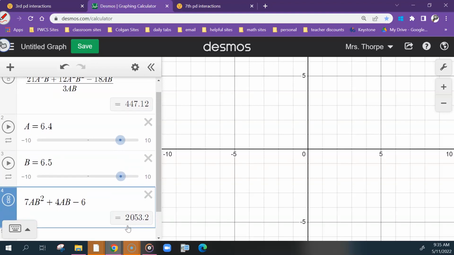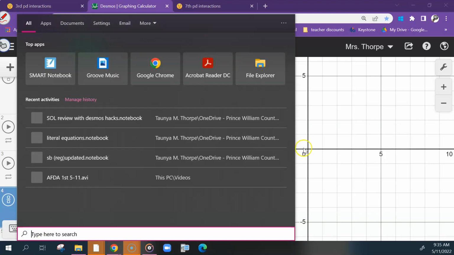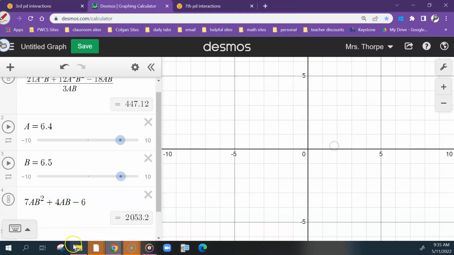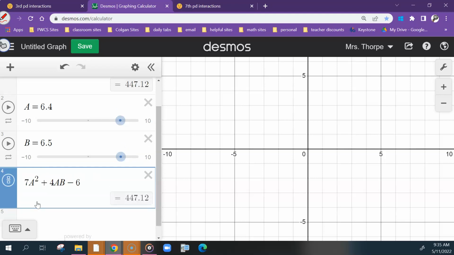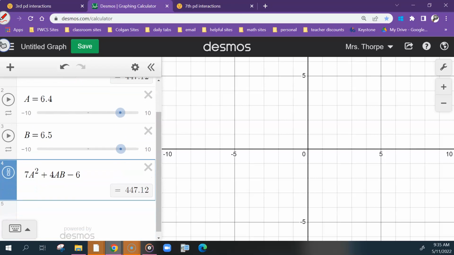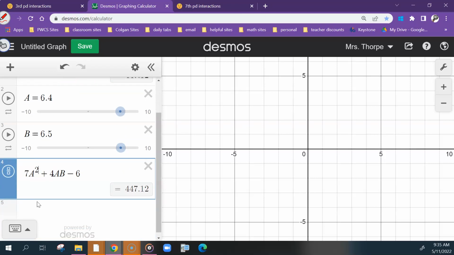Oh, I put ab squared, that's why. There we go. I was going to say, because that one should have been the answer. So when I type in that equation with all caps and I hit sliders, and then I put in one of my answer choices, I see that that slider answer is the same, and I know that is my answer.